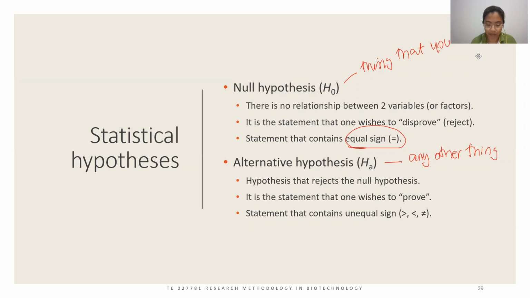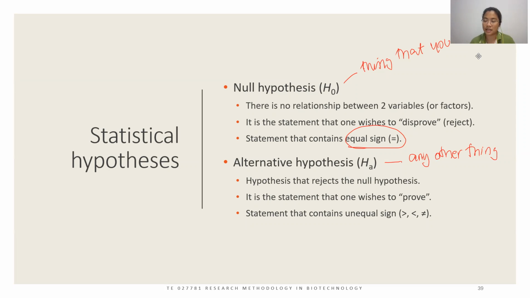For example, if you want to see that the average salary of this company is more than 30,000, the null hypothesis would have the more-than sign. But the point is that when we do a statistical test, we want to disprove that sentence.